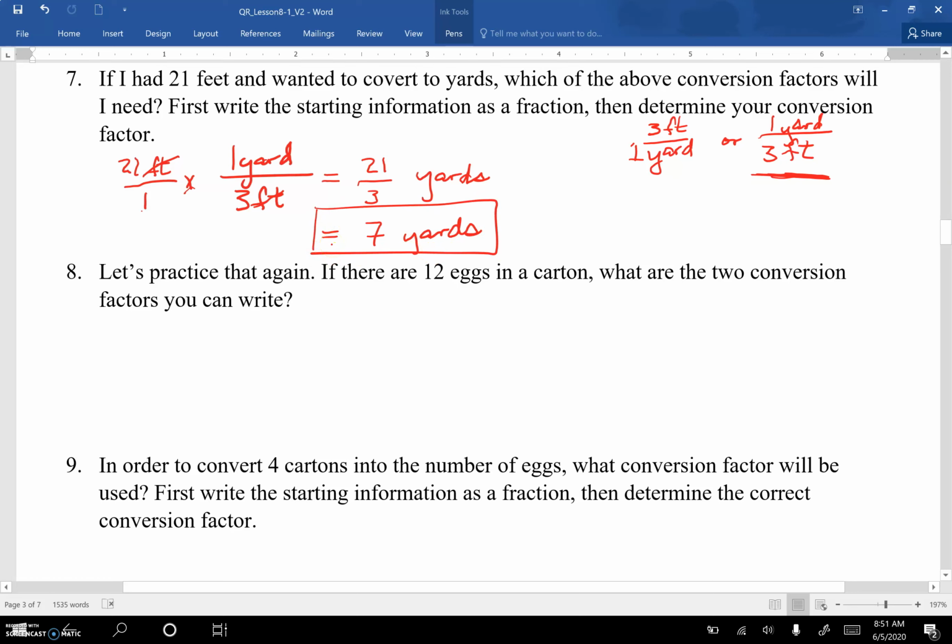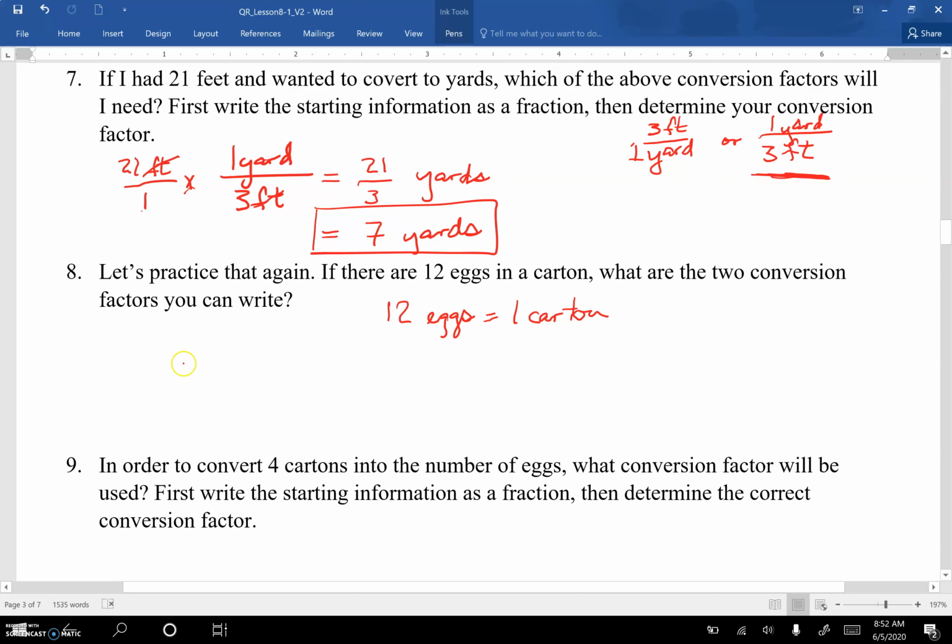Okay, let's practice that again. If there are 12 eggs in the carton, what are the two conversion factors I can write? So 12 eggs is the same thing as 1 carton. So my conversion factors are the fractions that equal 1.